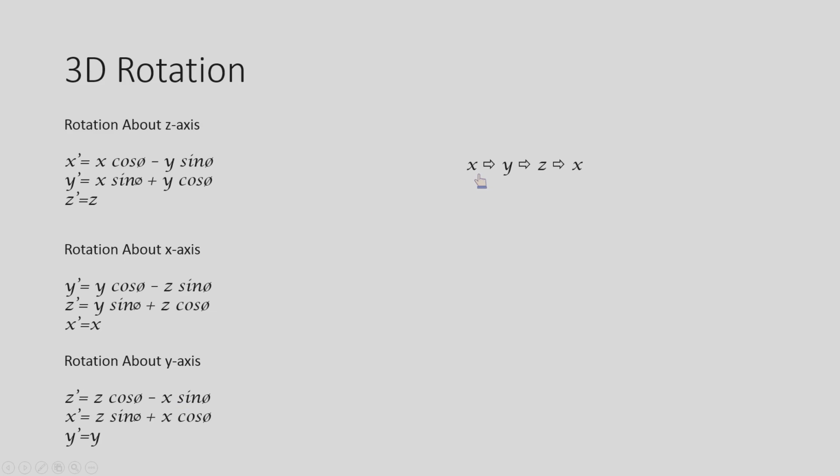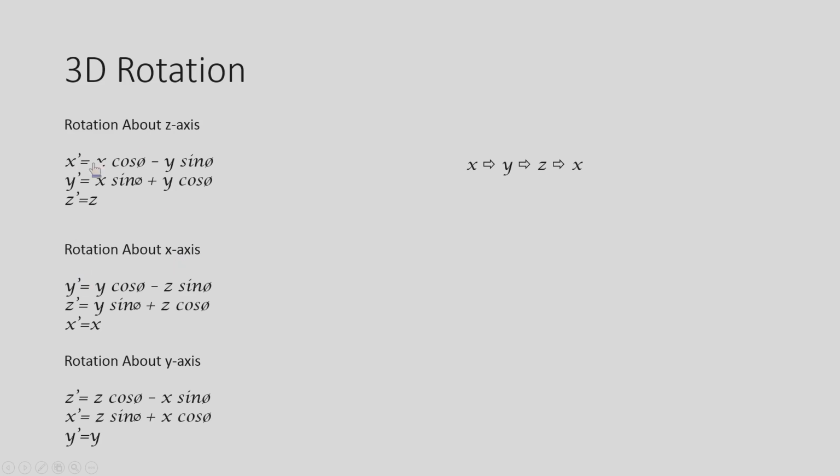Wherever x dash exists, it will be changed to y dash. If it is x, it will be changed to y. Similarly, y will be changed to z, and z will be changed to x. For example, from this set of equations, all the values will be changed. So this z will be changed to x. So you get rotation about x-axis.